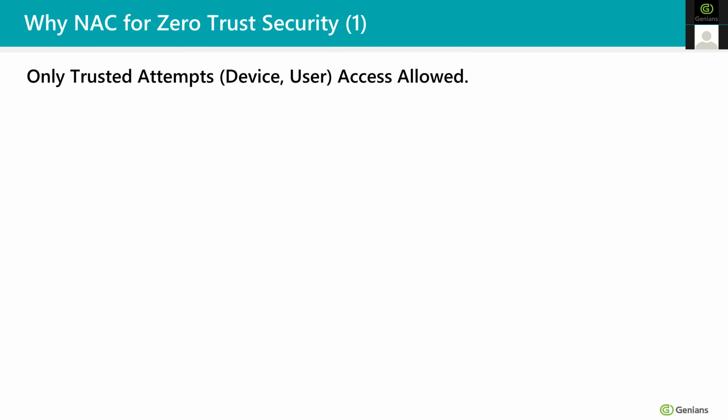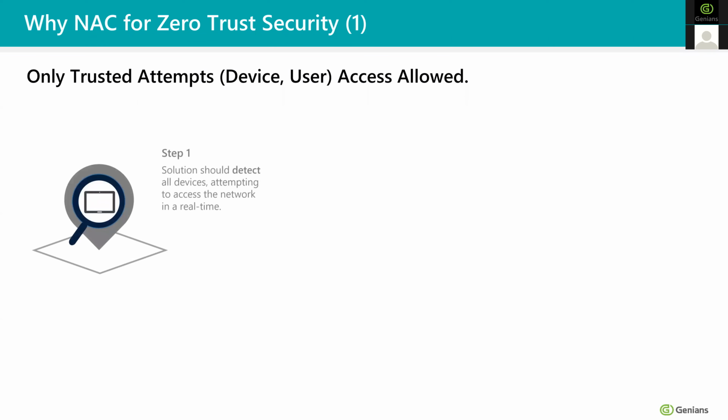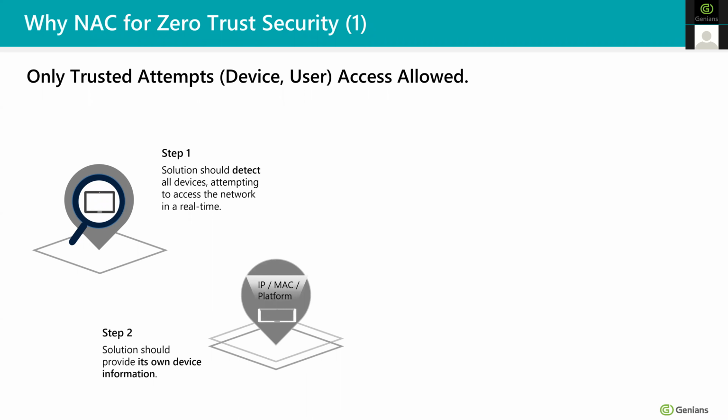I prepared a flow of how NAC can work for Zero Trust security. First, it is detection. NAC starts to detect every single device attempting to access the inside in real time. Second, device visibility.